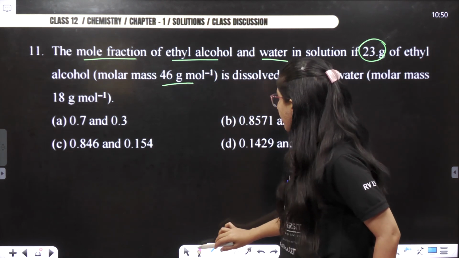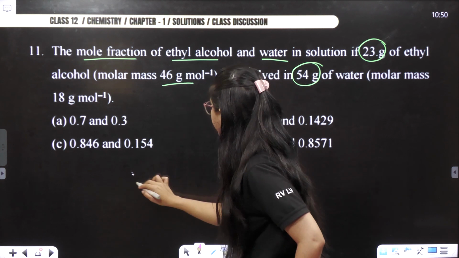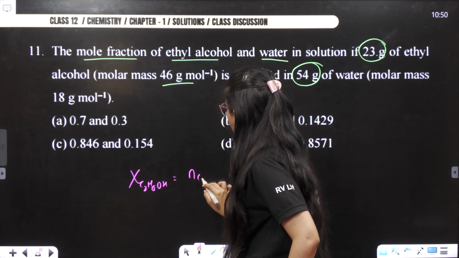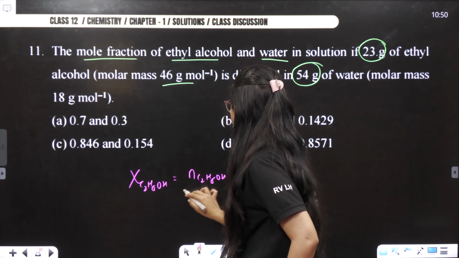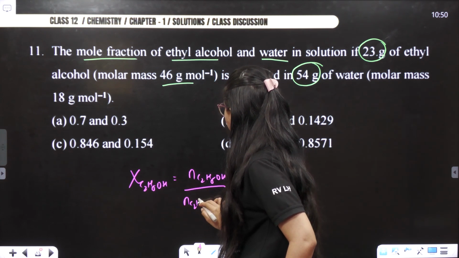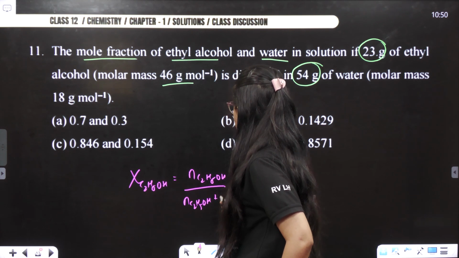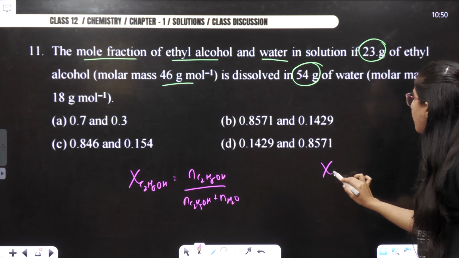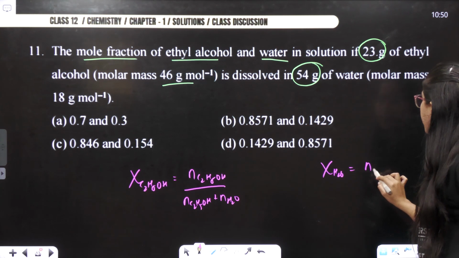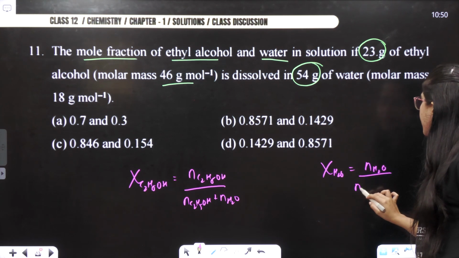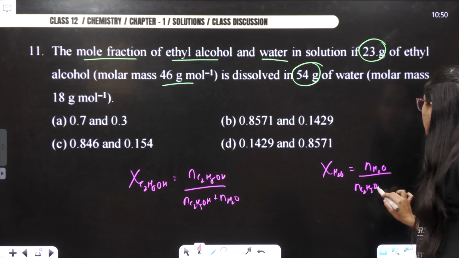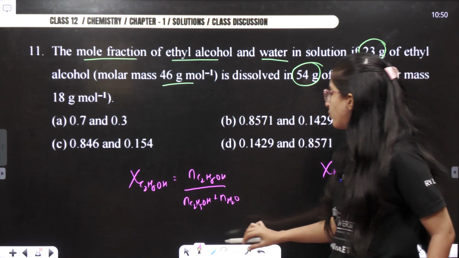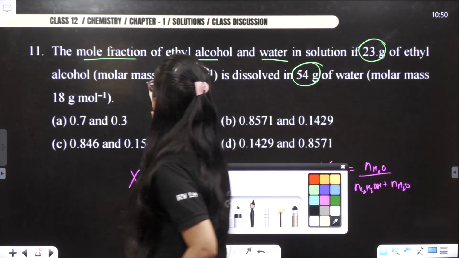So mole fraction of ethyl alcohol will be equal to number of moles of your ethyl alcohol divided by number of moles of your ethyl alcohol plus number of moles of your water. And if we talk about mole fraction of water, it will be simply number of moles of water divided by number of moles of ethyl alcohol plus number of moles of water. So you need now number of moles of water and ethyl alcohol.